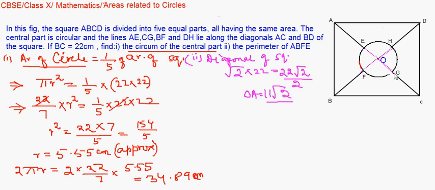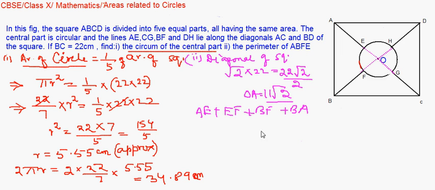Now join. So what is the part which we need to calculate? We need to calculate AE plus EF. We also need BF and BA. This will give us the perimeter of ABFE.